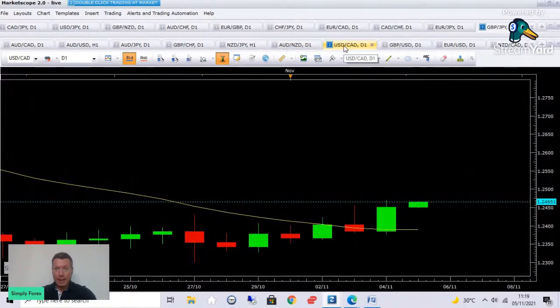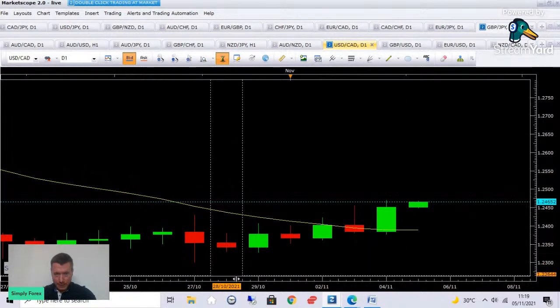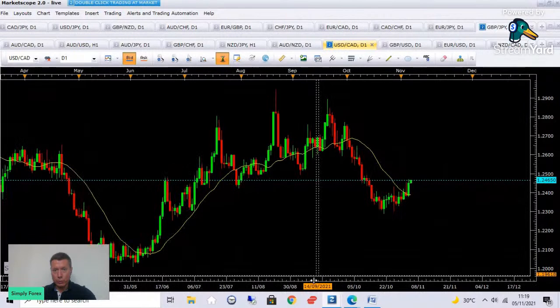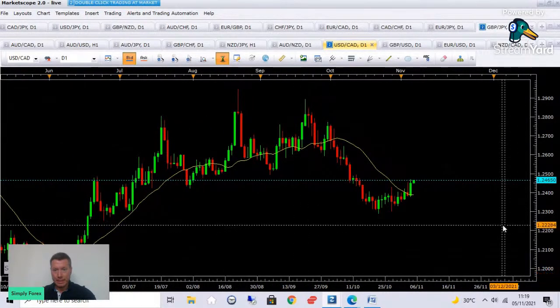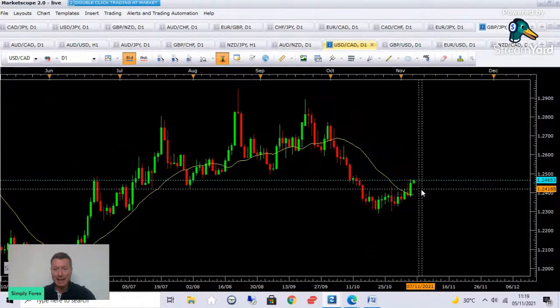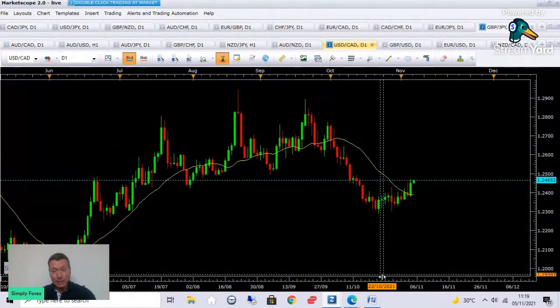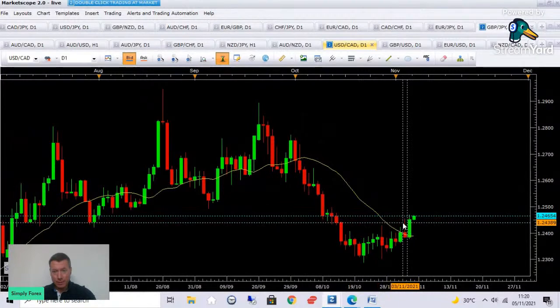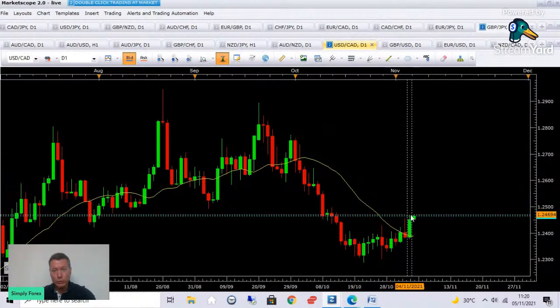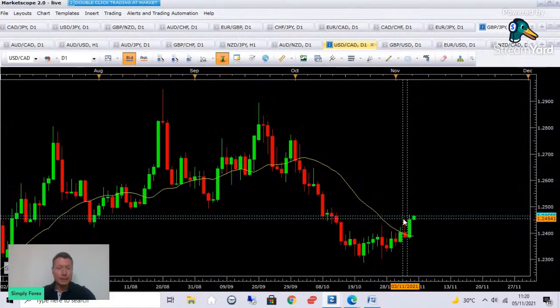Next one, US dollar, Canadian dollar. We've got a large bearish green candle. It didn't break the day before's high. It's still closed within that high.